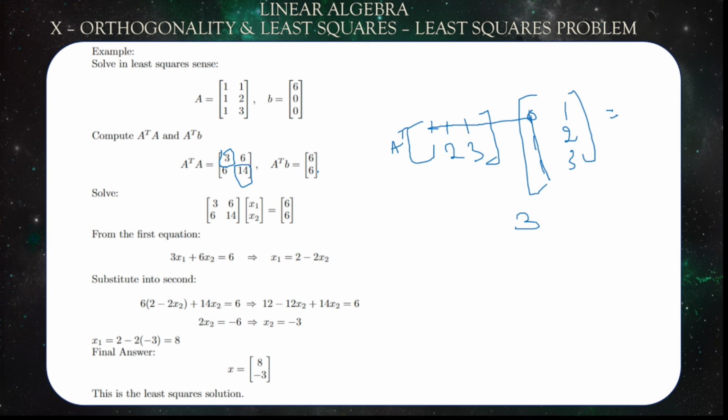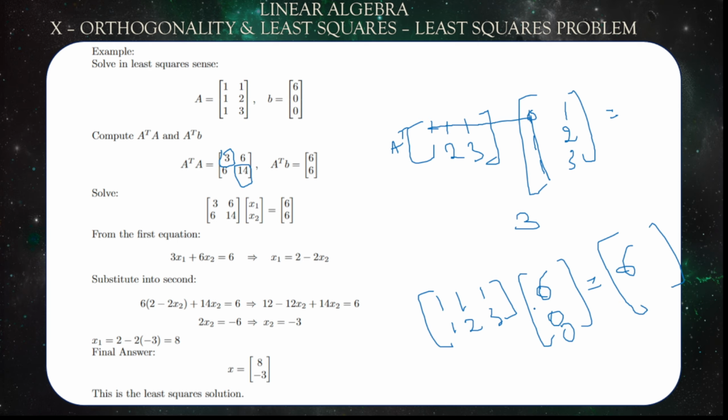Now, A^T times B: the transpose of A, which is 1, 1, 1 and 1, 2, 3, times B, which is 6, 0, 0. You get 6 plus 0 plus 0, that's the first. Then you have 6 times 1 plus 0 plus 0.